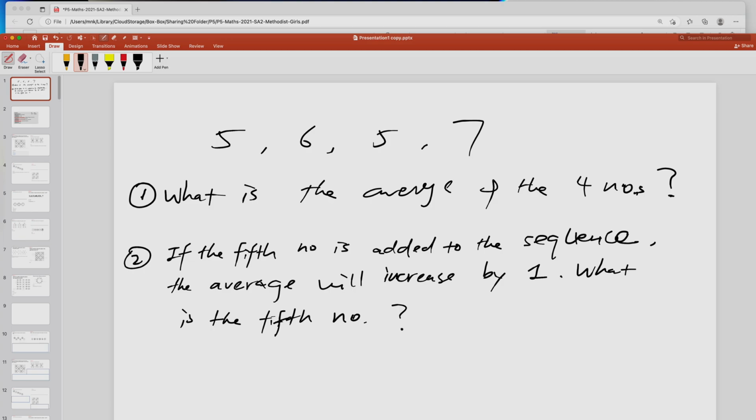You can use calculator. Yeah, that's for part A. Then part B, just write it down.